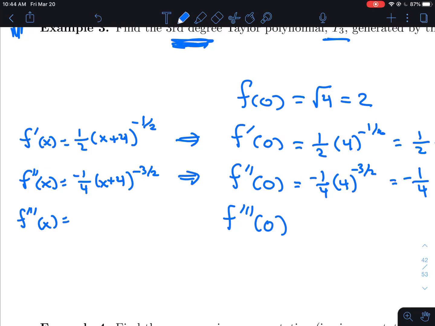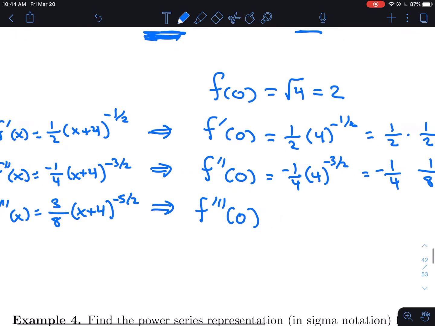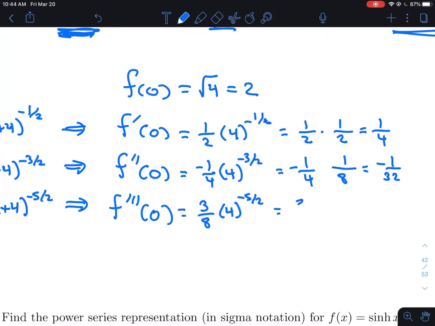All right, last one. Bring the negative 3/2 down. We're going to have 3/8. Reduce our power by 1. Multiply by the derivative of the inside, which just happens to be 1. Now we plug in 0. So we have 3/8. We have 4 raised to the negative 5/2. And so, again, this is going to be division. The negative exponent there, so 4 raised to the 5/2.